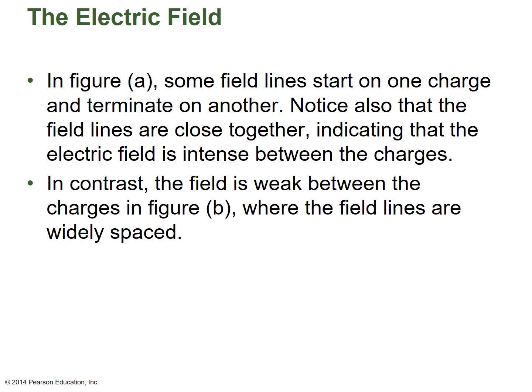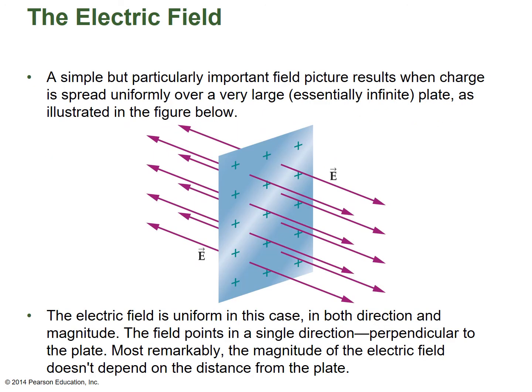I will just skip these slides and go on to discuss the electric field due to an infinite plate that has some charges on it. In this slide, as you see, we have a plate, a sheet of charges, and it has positive charges uniformly distributed on the surface of this plate.